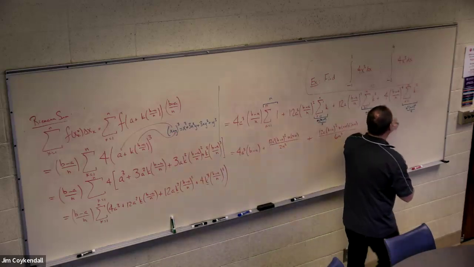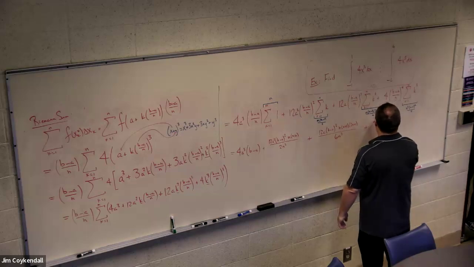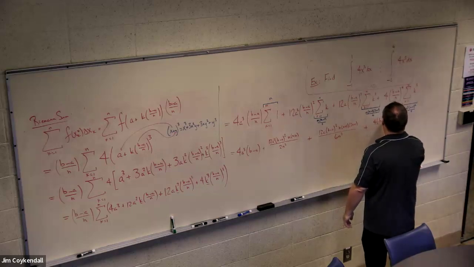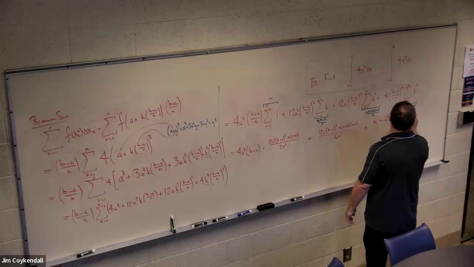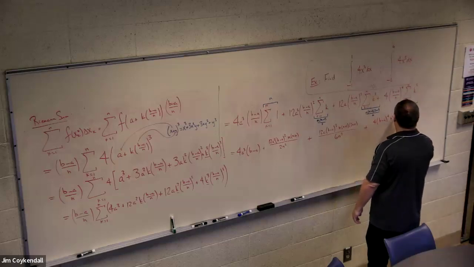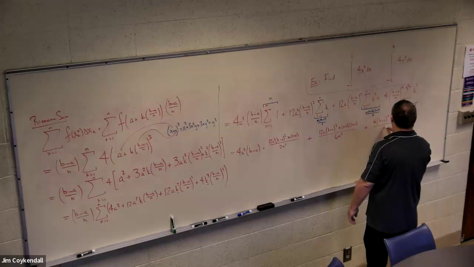Finally, this last bit here, having 4 (b minus a) to the fourth, n squared (n plus 1) squared over 4n.